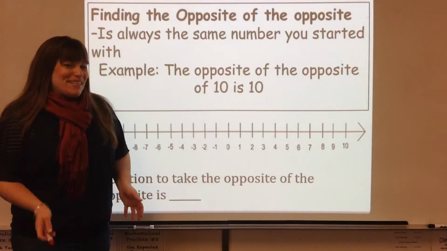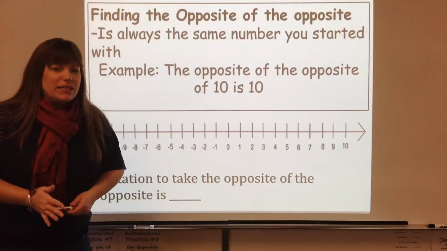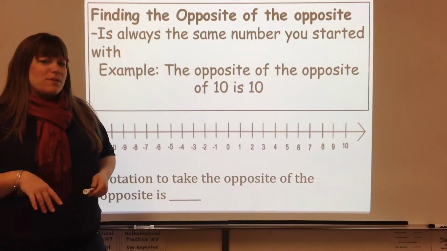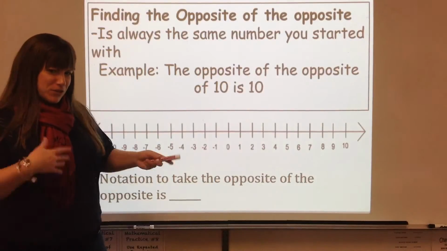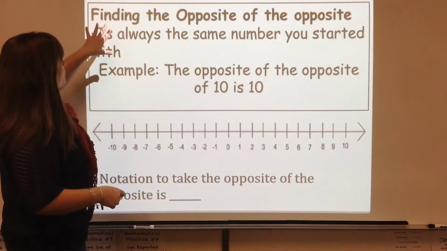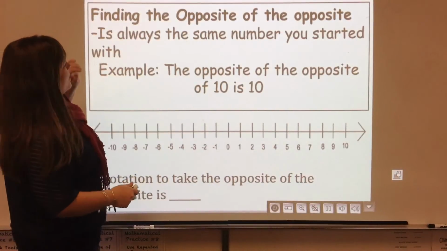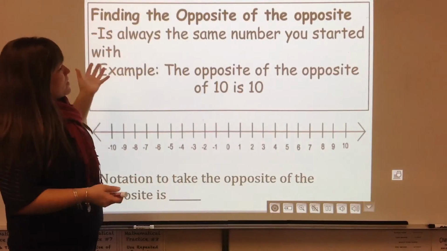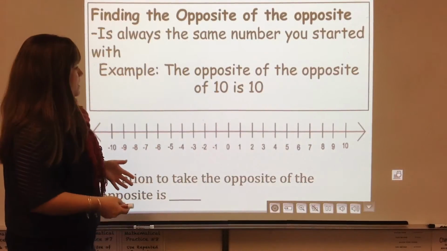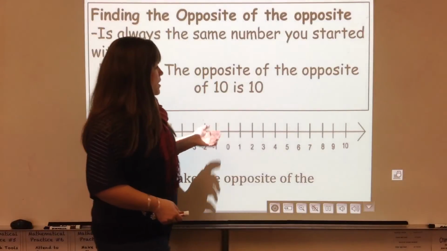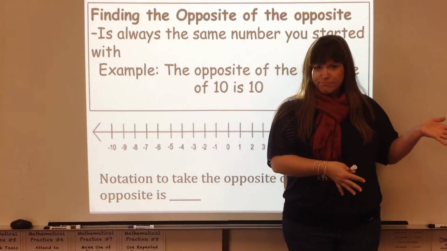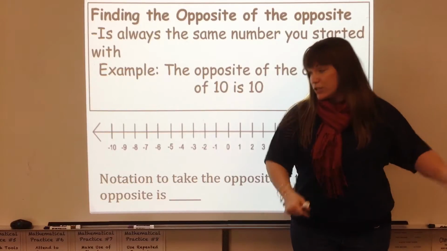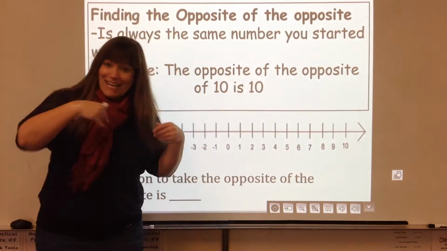So the last thing we get to talk about is kind of a cool idea, and it is taking the opposite of the opposite, which seems redundant once you get the hang of it. Finding the opposite of the opposite is always going to be the same number that you started with. If we're talking about the opposite of the opposite of 10, you start at 10, and then you find the opposite of 10, which will be negative 10.